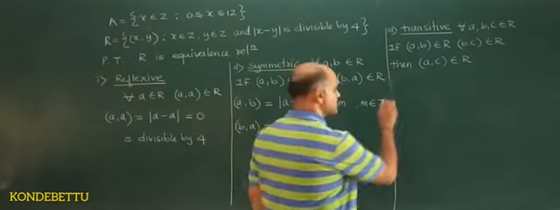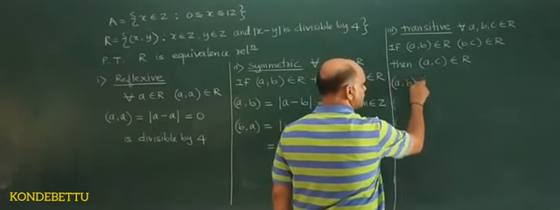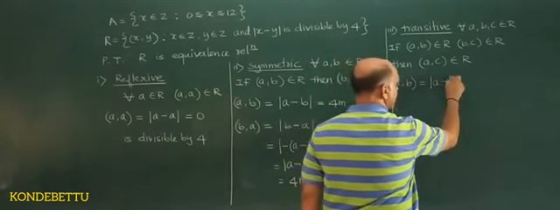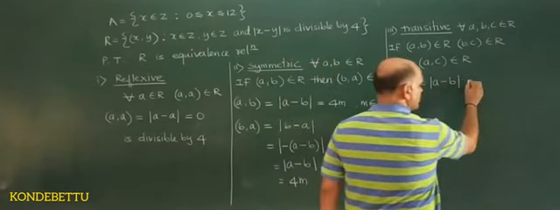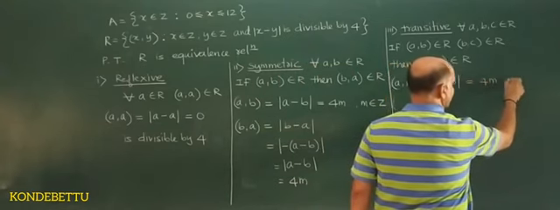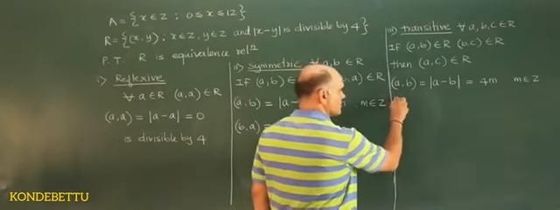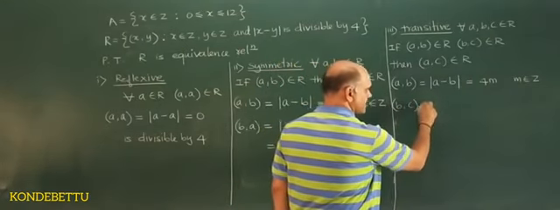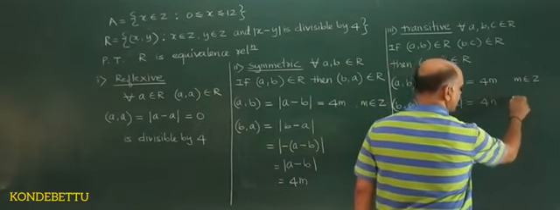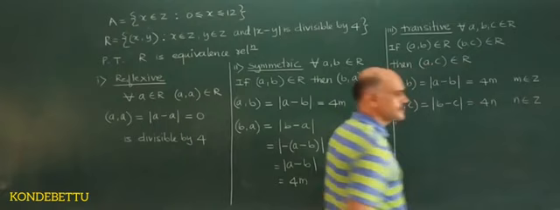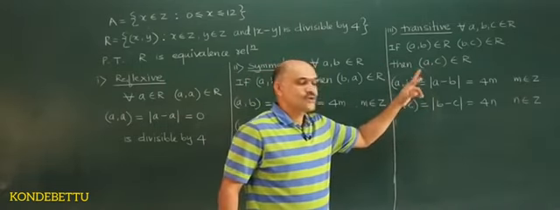Third, if you take transitive, so a comma b is equal to mod of a minus b. So this is equal to 4m, where m belongs to z. Now b comma c will be mod of b minus c, that is equal to 4n, n belongs to z. Now directly you add, without taking mod.